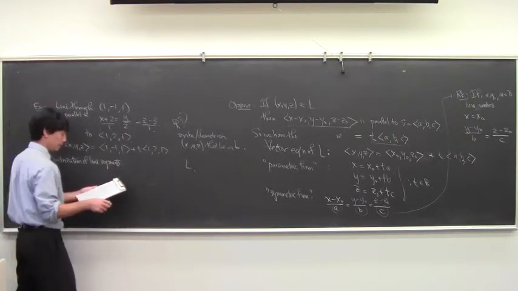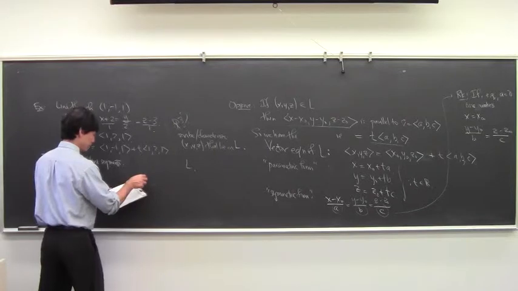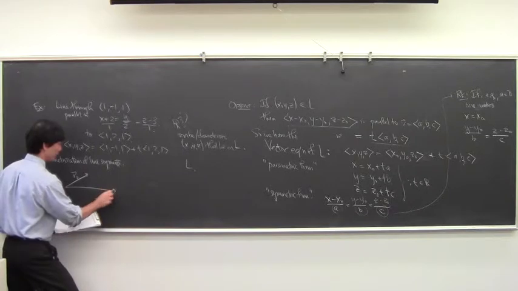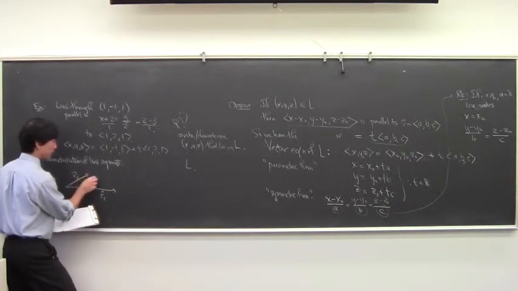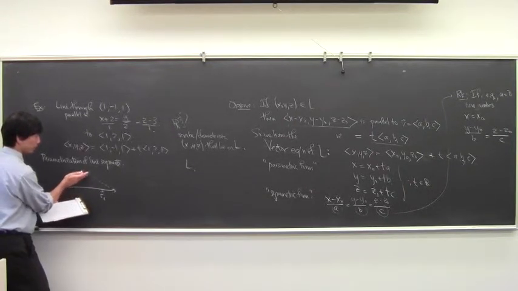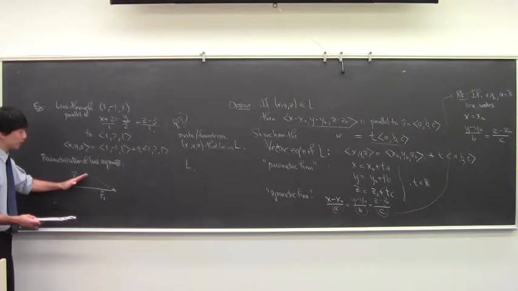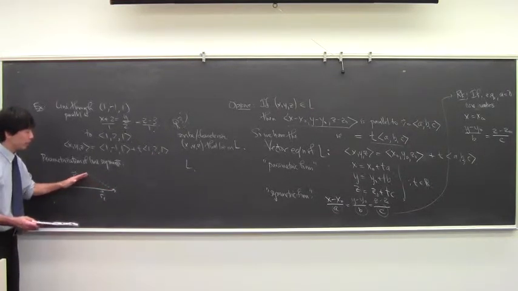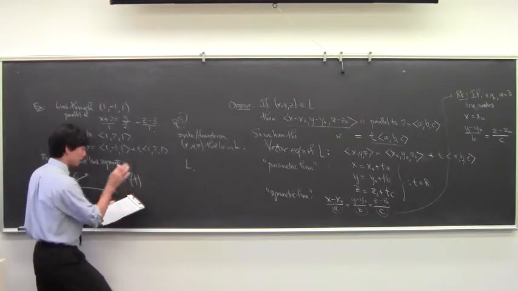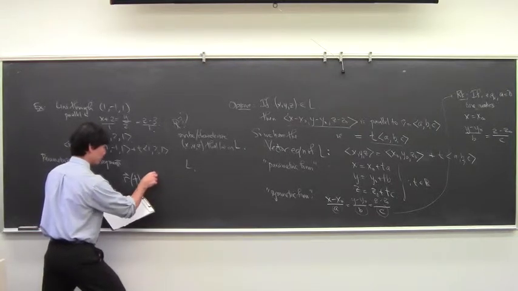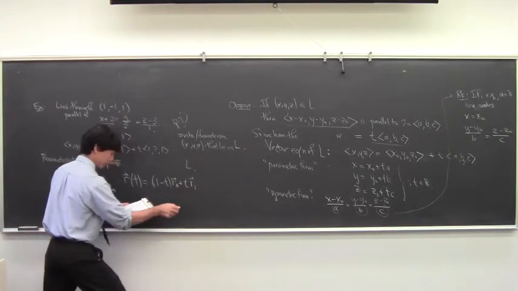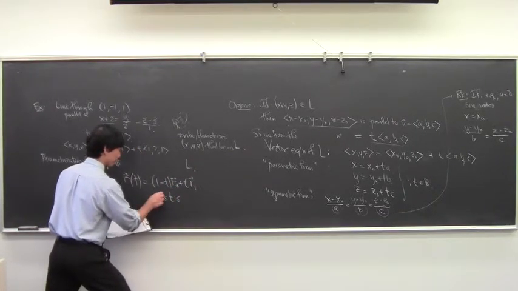If you have r naught, a vector, and r1, another vector, you'd like to parameterize a vector that starts from here and then ends up here. I'll show you what I mean. Take a look at this. r of t is (1 minus t) r naught plus t r1, as t ranges from 0 to 1.